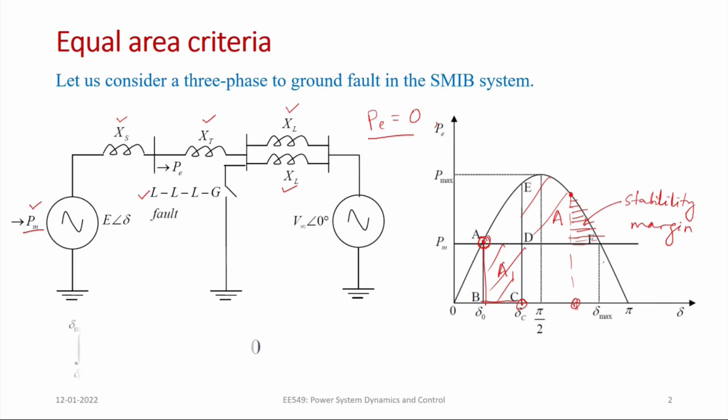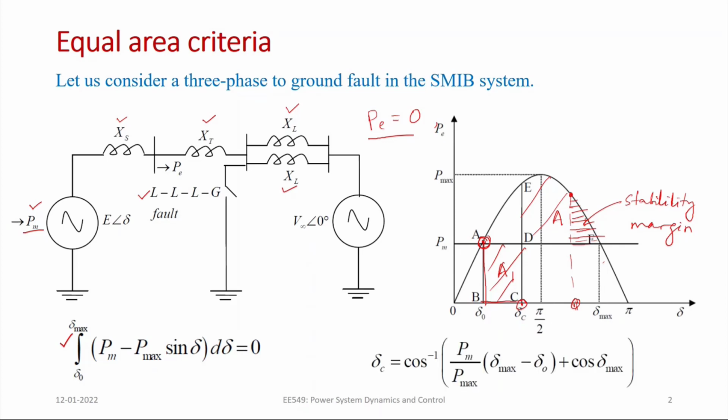Now we are interested in finding the critical clearing angle. If we integrate Pm minus Pmax sine delta with respect to d delta from delta 0 to delta max and equate it to 0, we'll have two areas here, area 1 and area 2.